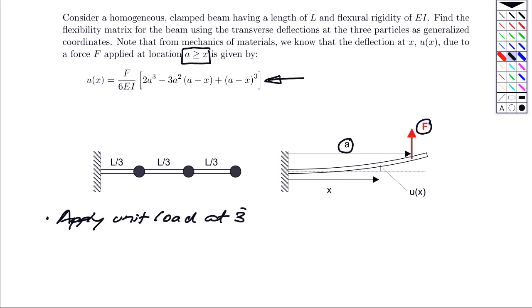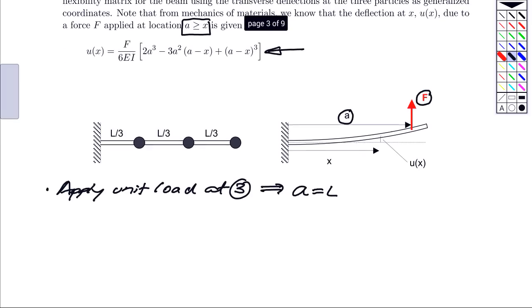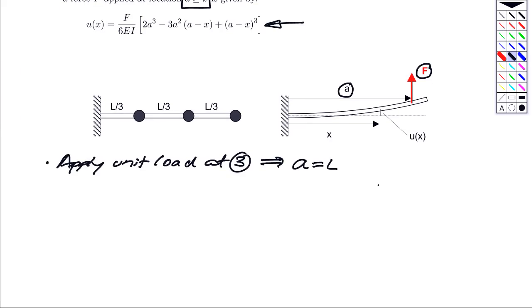In other words, this corresponds to A equal to the length L of the beam. So here's the picture.